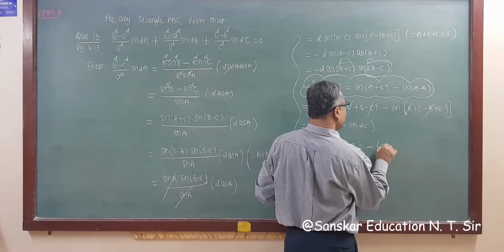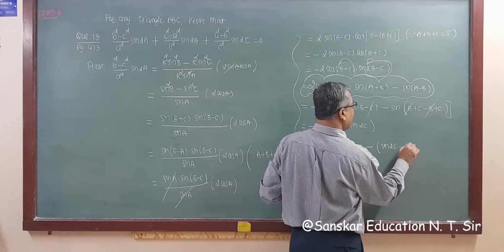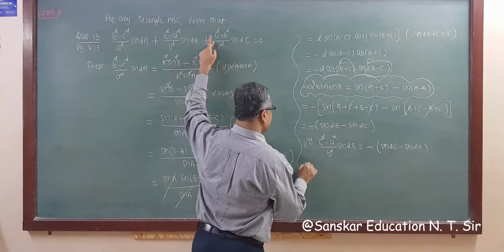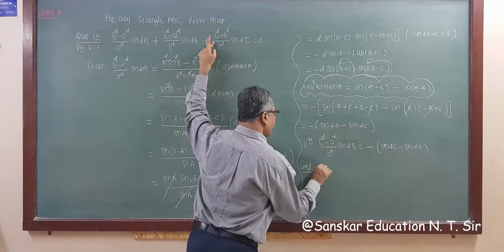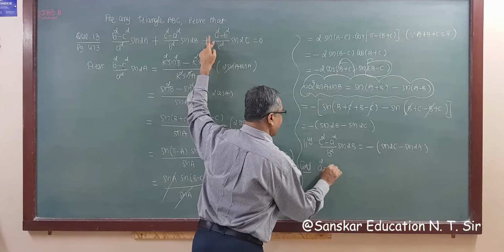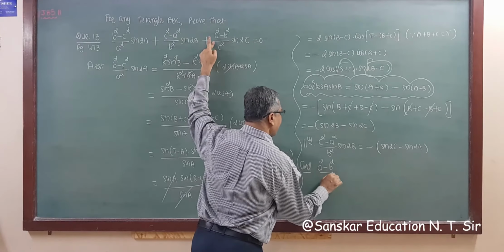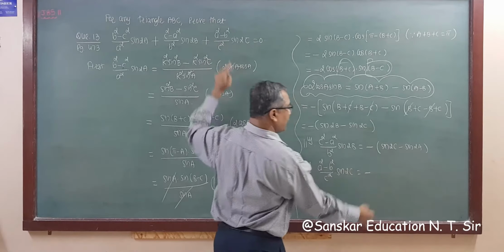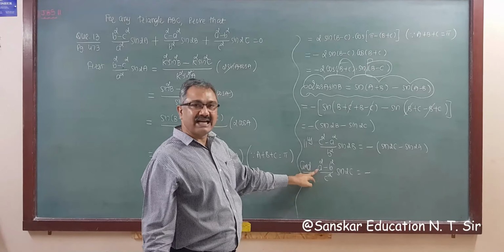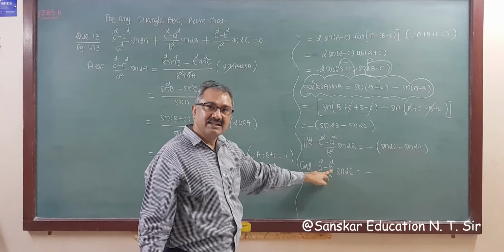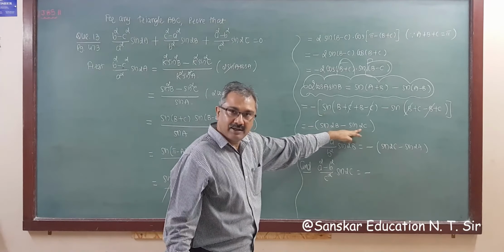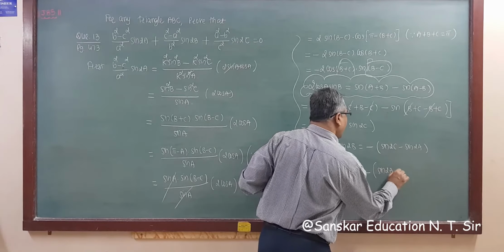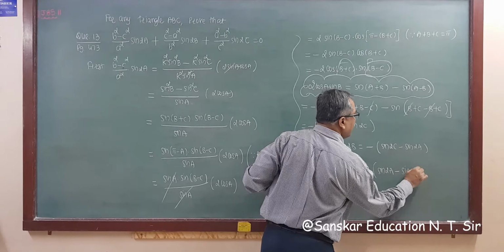So minus sine 2c minus sine twice a, and a square minus b square upon c square into sine 2c is equal to minus. Answer of this is sine 2a minus sine 2b. Right? So minus sine 2a minus sine 2b.